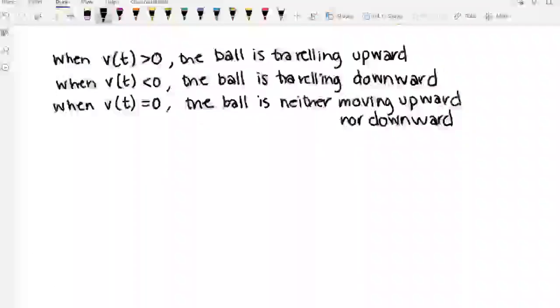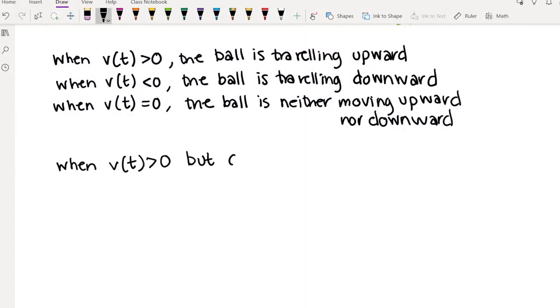So let me write that. In this case, what we can say is that when the velocity is positive but the acceleration is negative, so that's on the first part of the ball's travel, the ball is slowing down because the acceleration is pulling it in the opposite direction as the direction it's traveling.